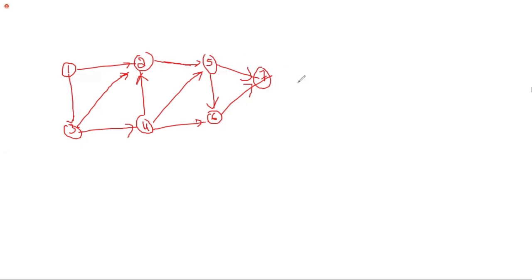I'm giving you the costs also. Assume this is the given graph and the corresponding costs.